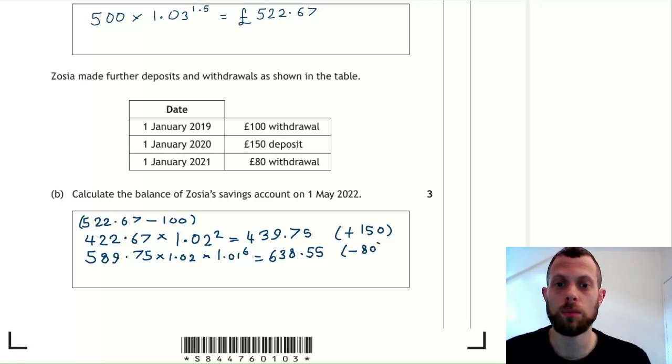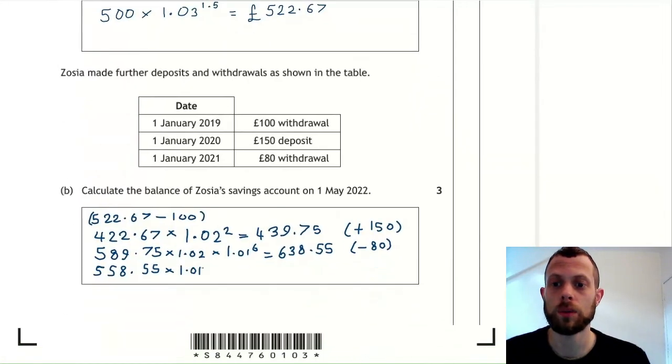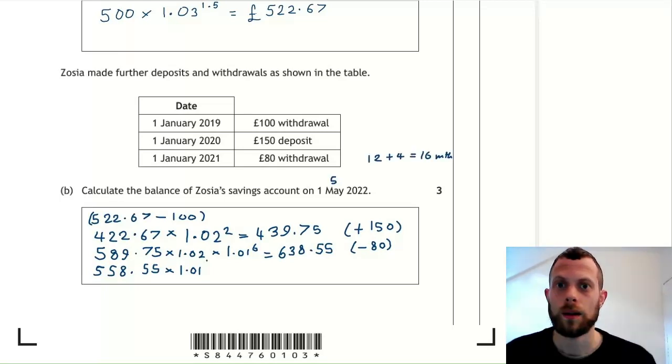So now it's a withdrawal. We take away £80 and we start our next calculation with £558.55, and it's still 1% a month, so it's 1.01, and we need to think about how many months this is. It's from the 1st of January 2021 to the beginning of May 2022.